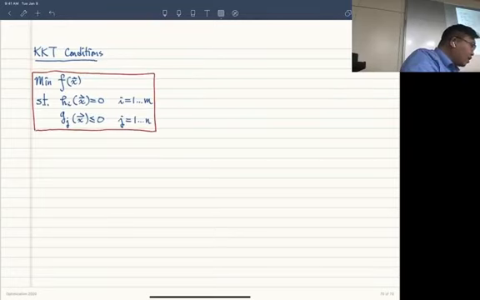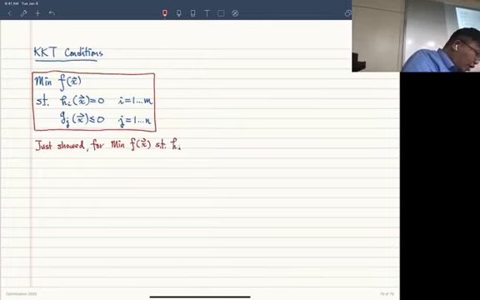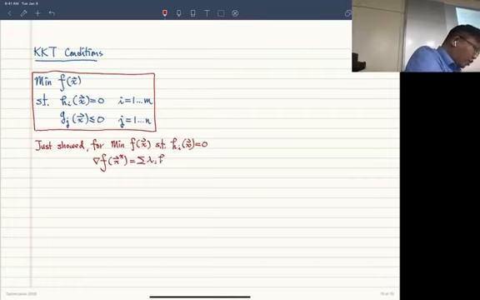Okay, and in the previous slide, we just showed for minimizing f subject to hi equals 0, we could have gradient f at x star equals summation lambda i gradient hi at x star.